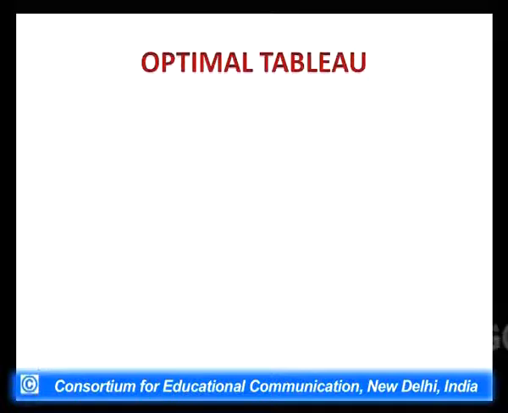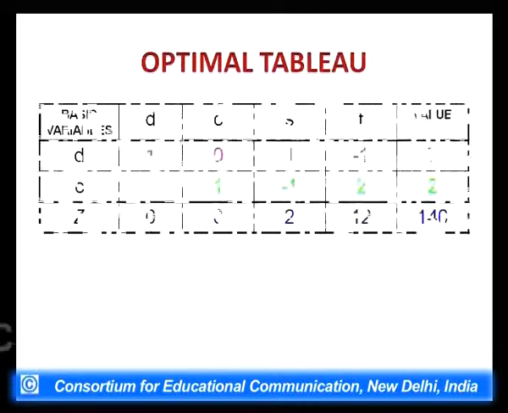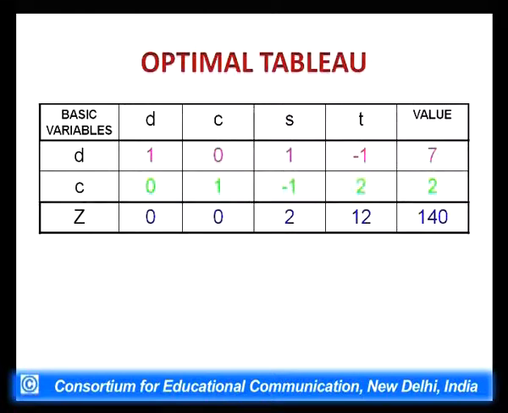So finally we will have the optimal table, and we call it the optimal tableau. This is the final table. Here in this table, as I have already explained, the first thing to see is that all the values in the objective function row, the row which contains the Z, are either 0 or positive.